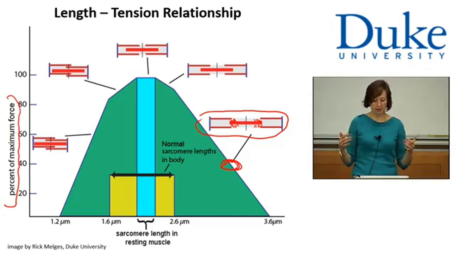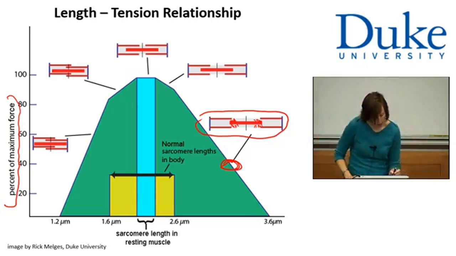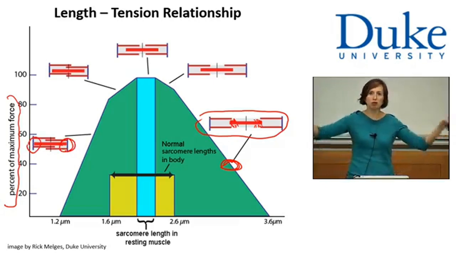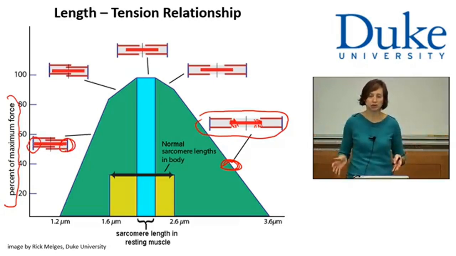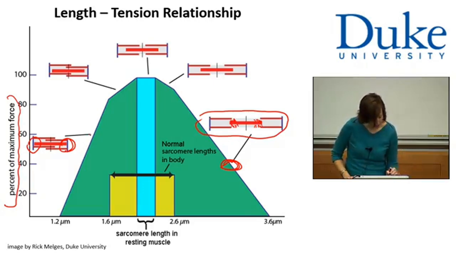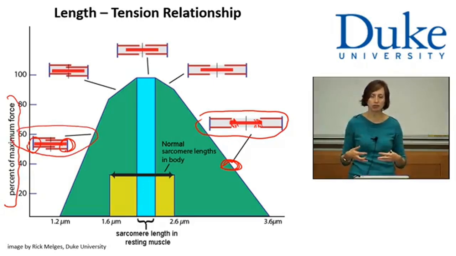Similarly, if the sarcomeres are almost compressed or too shortened, where the myosin is already bumping up against the Z line, so it really has no more space to crawl, and it can't shorten the sarcomere anymore, then again, the percent of maximum force that can be formed when the sarcomere is in this state is also reduced.